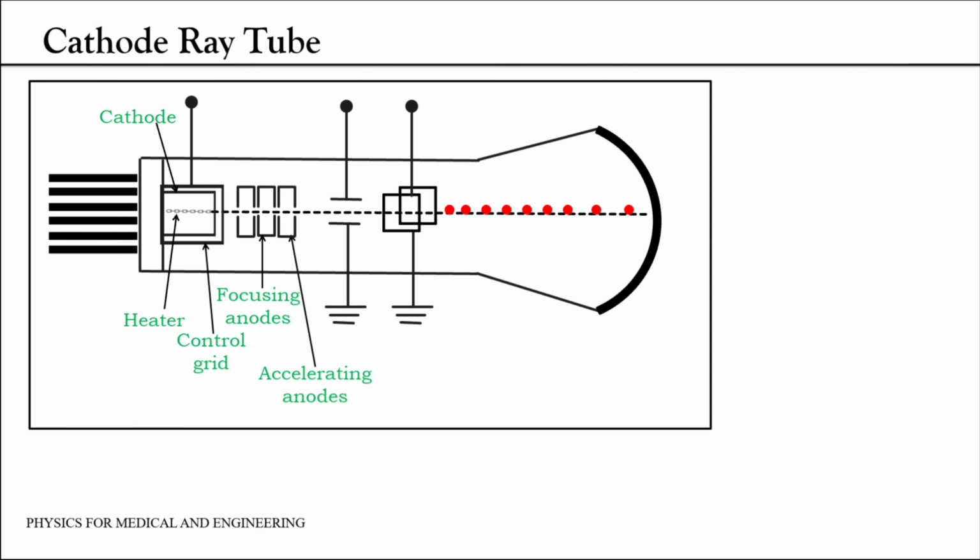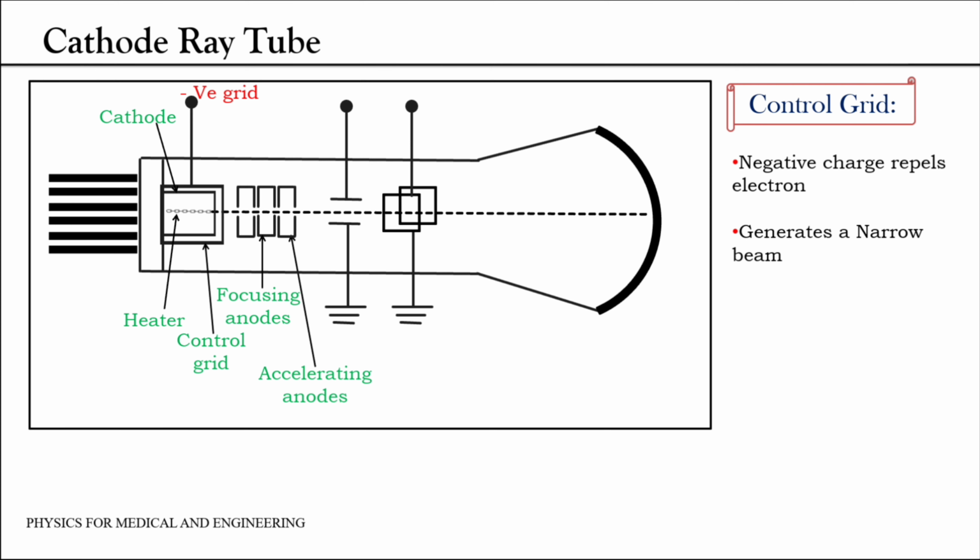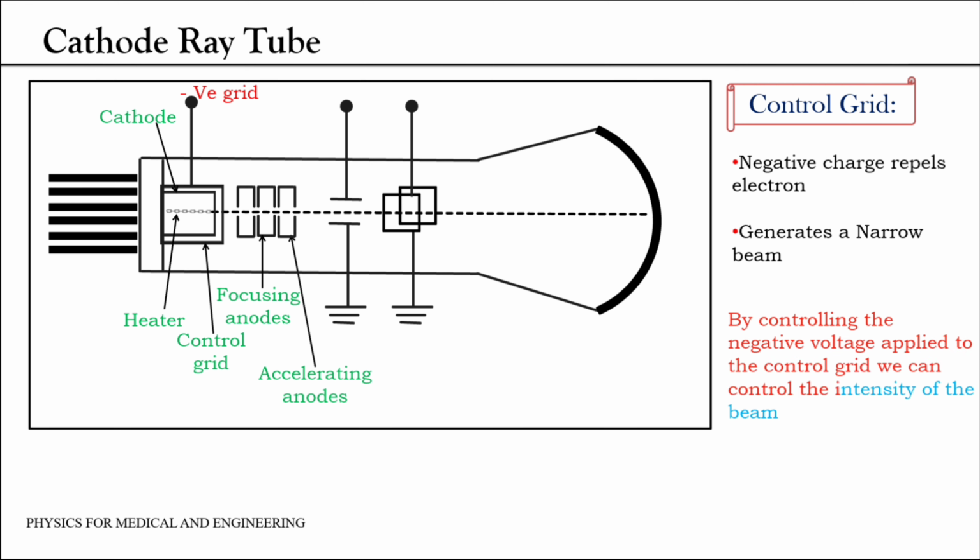These electrons are then passed through the control grid. The control grid has a centrally located hole coaxial with the axis of the tube. A negative voltage is applied to the grid. This negative charge repels electrons and generates a narrow beam. Thus, by controlling the negative voltage applied to the control grid, we can control the intensity of the beam.